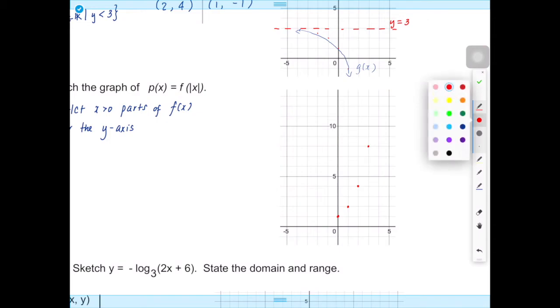But then what we need would be these points also to the left of the y-axis, like that. So by connecting these points, you're getting the image. And so this is the function p of x.